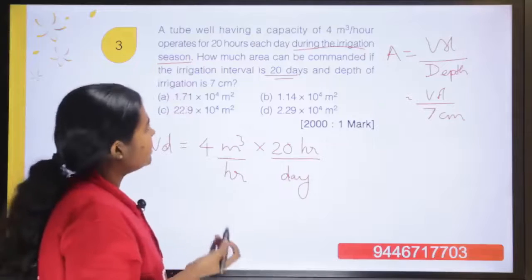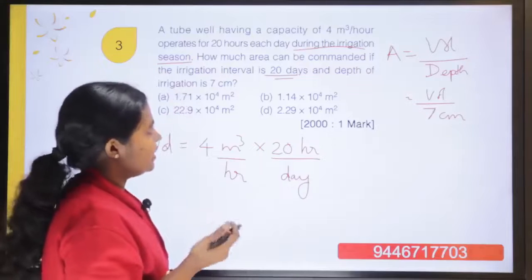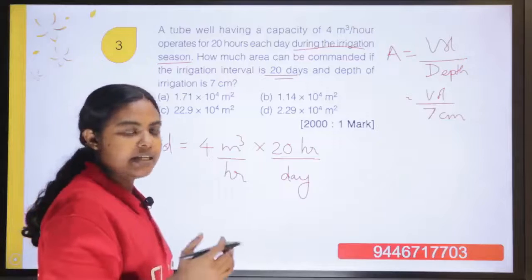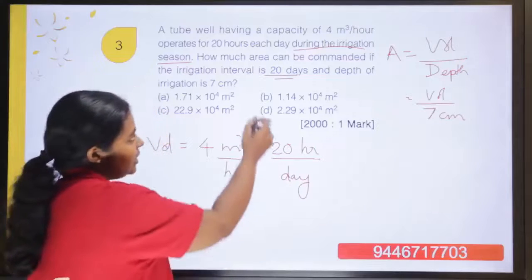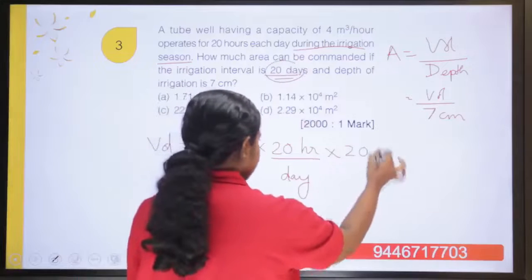And what else is given? Each day during the irrigation season, that is during the irrigation period, it is operating, and the irrigation interval is 20 days.